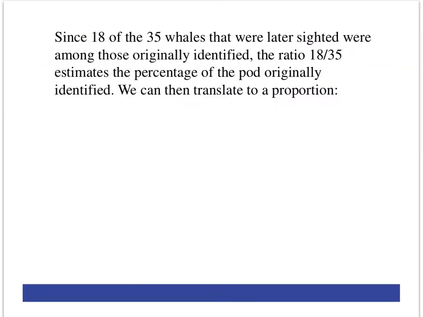So since 18 of the 35 whales that were later sighted were among those originally identified, the ratio of 18 out of 35 estimates the percentage of the pod originally identified. We can then translate this to a proportion. You can do it a couple of different ways.